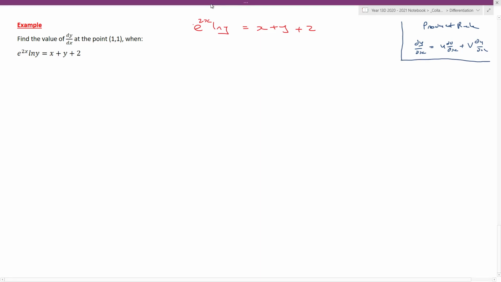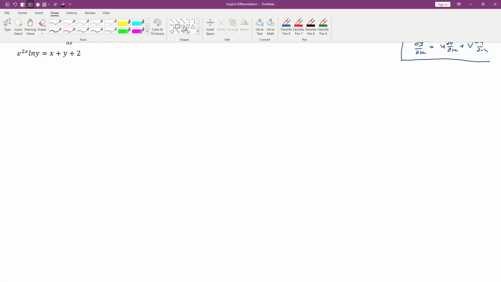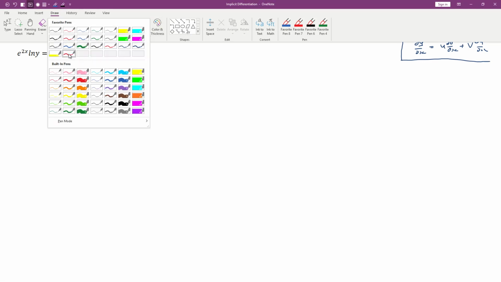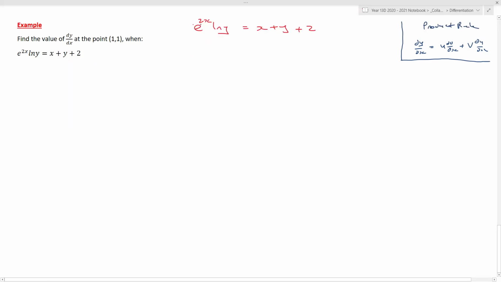Okay, and switch back to normal red. Right, so in this product, that's our u. So to differentiate by the product rule, we write u, e to the power of 2x, and then differentiate v, dv over dx. Differentiating log of y gives us 1 over y.